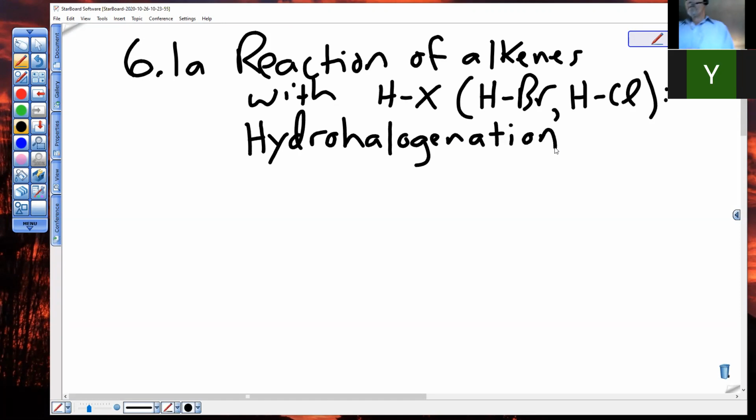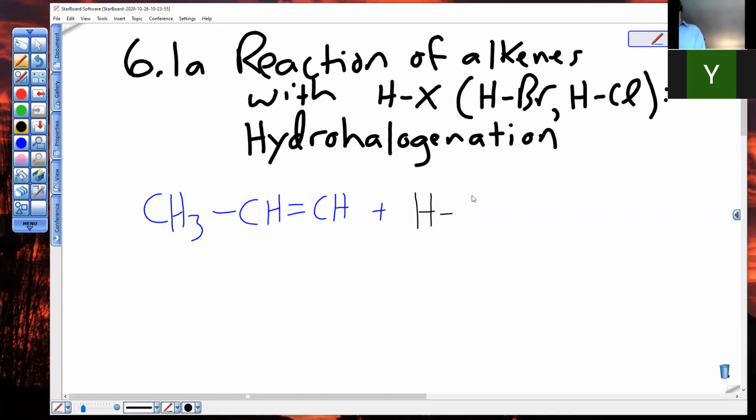And we're going to start with a very simple example. Get our pen back to its normal thickness here. Here's the overall reaction. We'll react it with HCl. And you're going to get a mixture of 2 products. Oops, I got an octet violation to start with.